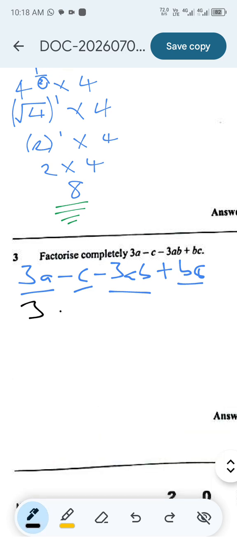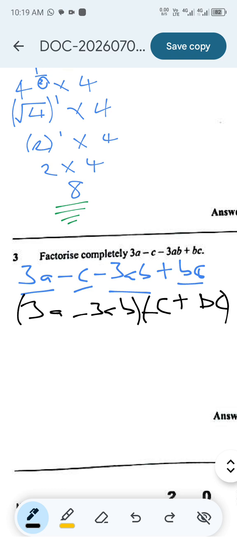So we are going to have 3a - 3ab, then - c + bc. If we reach here, we can then put these in brackets because they have common factors.